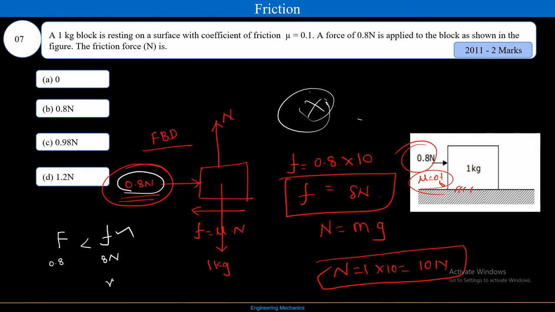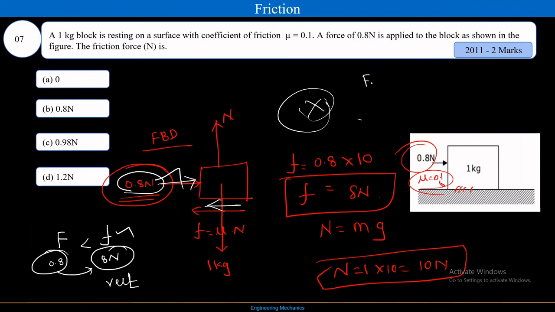So this is very high. It means the body is at rest. I cannot move the object with 0.8 Newton. That is very obvious. It's only 0.8, but my friction is 8 Newton. Where is 0.8 and where is 8? I cannot move the object with this force. So whatever force I apply is going to be my frictional force.